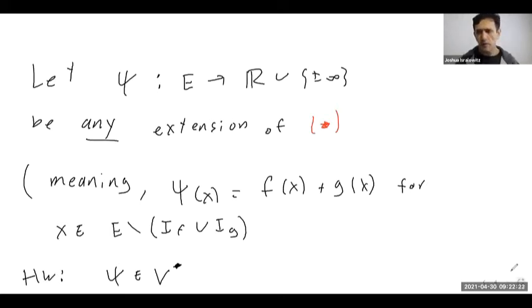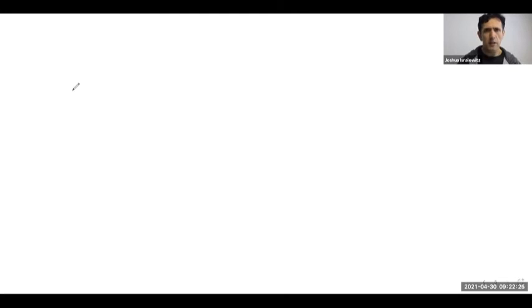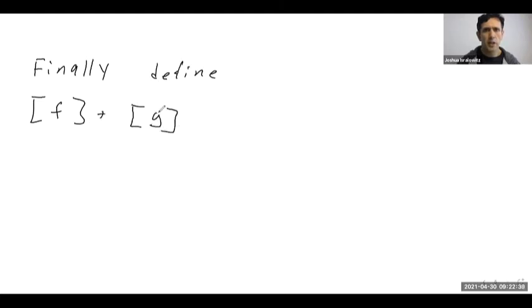Okay, right, and last but not least, we define for any two classes, F and G, in V, the addition of these two classes as just this class here. Okay. And because this is in V star, this is going to be in V.